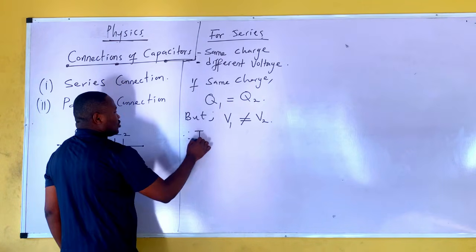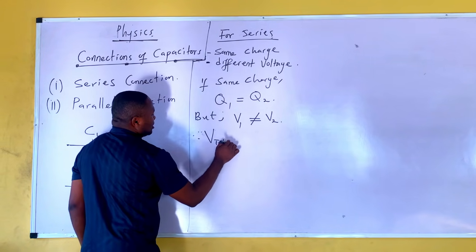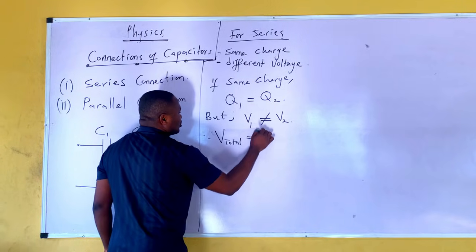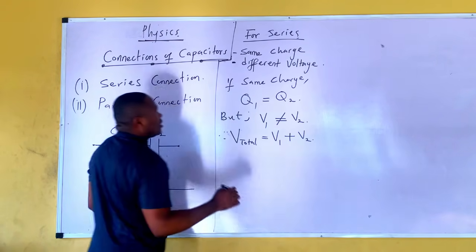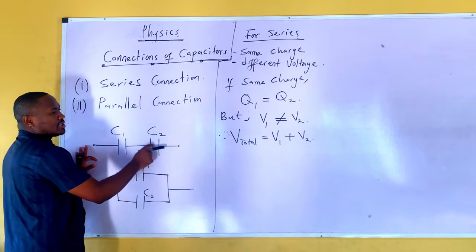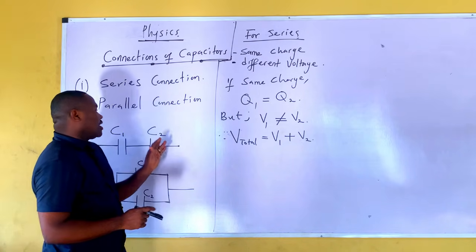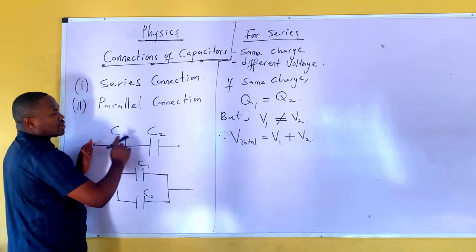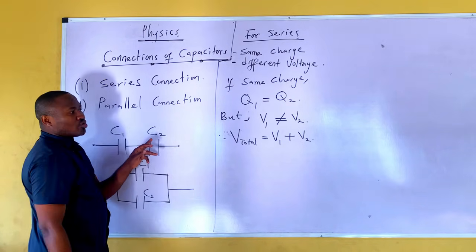Therefore, the total voltage is equal to the voltage in one plus the voltage in two. Now take note of this. It means that in series, they have same charge but different voltage. The total charge is equal to what you have in one and is equal to what you have in two.